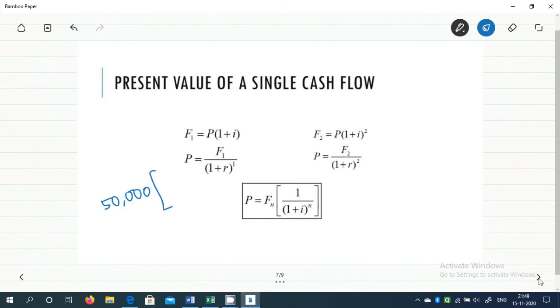So what we'll do is 1 divided by 1 plus 0.09 to the power 15.